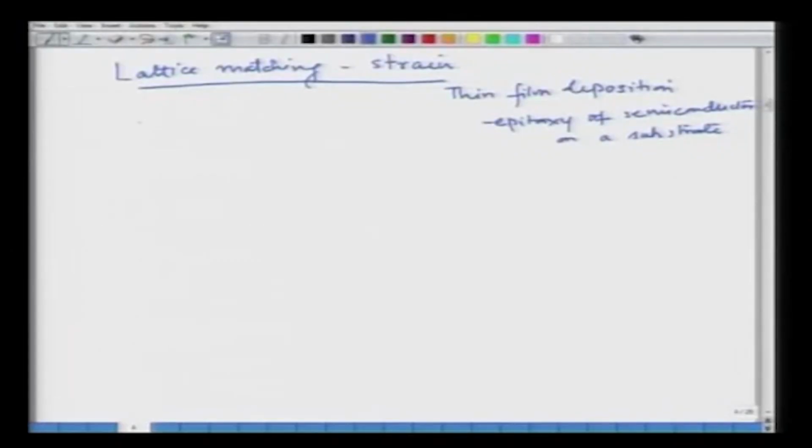So, if I assume that the semiconducting material which I am depositing has a lattice structure, and I am drawing only a 2-dimensional lattice here, this is the semiconducting material which I am going to use for emission, the active material, and then I have a substrate which has a lattice parameter slightly larger than the semiconductor.